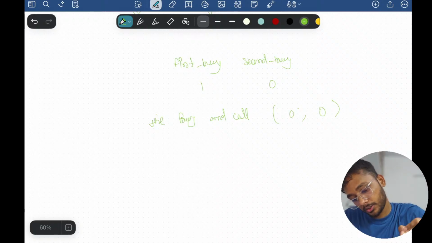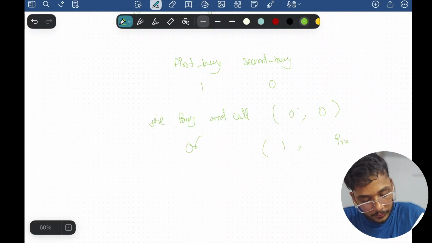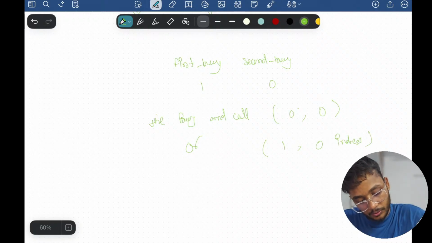So you will call this, or you will say 1 remains 1, and index will proceed, and it will be 0.